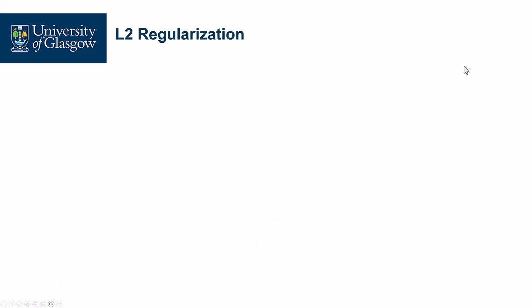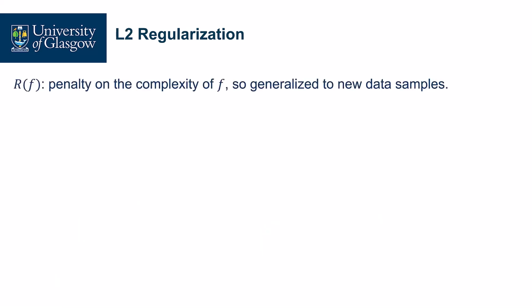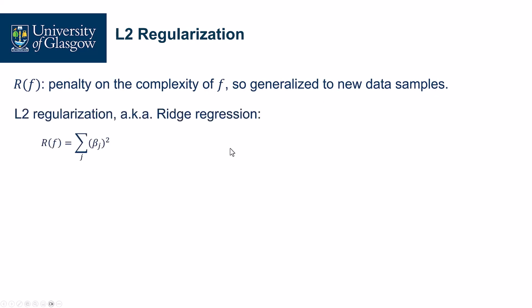Another one is L2 regularization. To penalize the complexity of the machine learning model, we use a different formula. We call this L2 regularization ridge regression. Instead of summing the absolute values of all the model parameter coefficients together, here we sum the square of them.